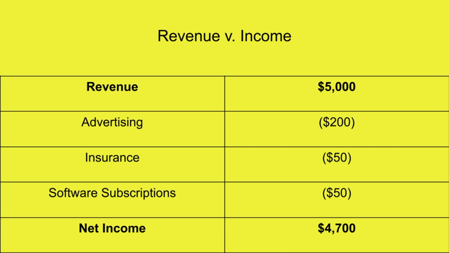Then during the month, you spend $200 in advertising. You pay out $50 for, let's say, business insurance. And you pay out $50 for software subscriptions, AWS, maybe a G Suite account, things of that sort. So after your revenue and your $300 of expenses, your net income is $4,700. What you made was not $5,000. What you made was $4,700.